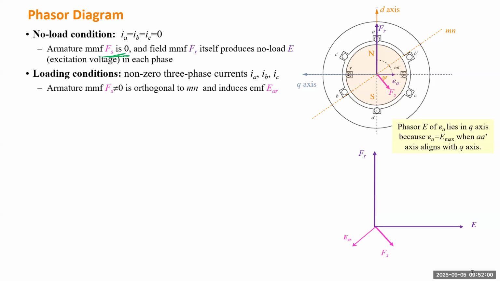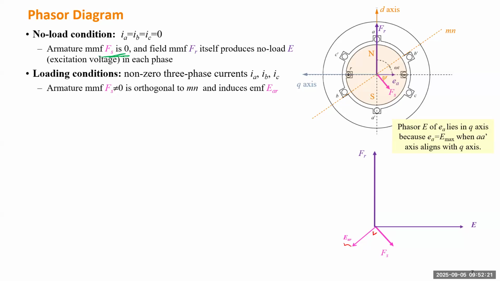If there's a voltage induced by FS only, it is 90 degrees lagging FS. This is called E armature, meaning it is induced only by the armature winding, not the field winding.